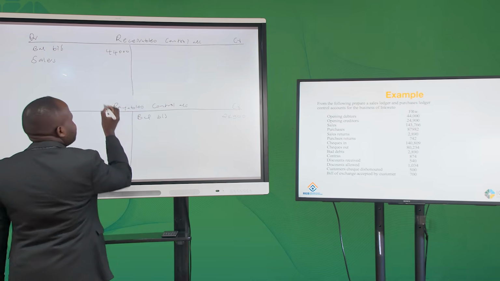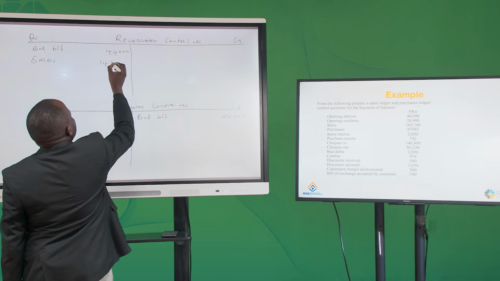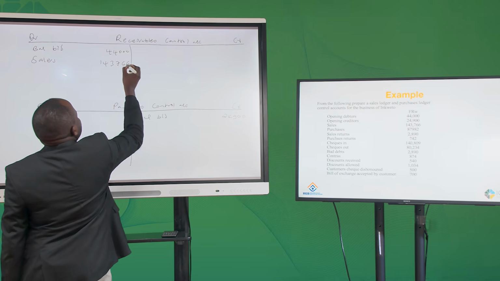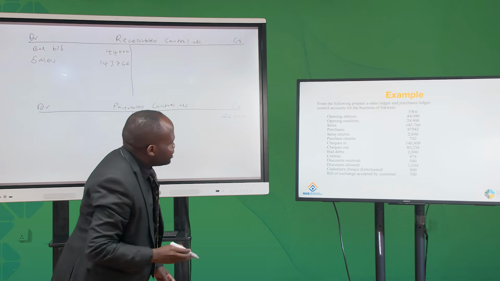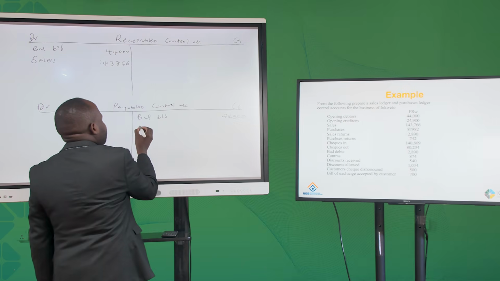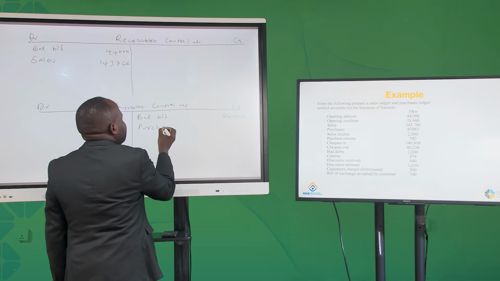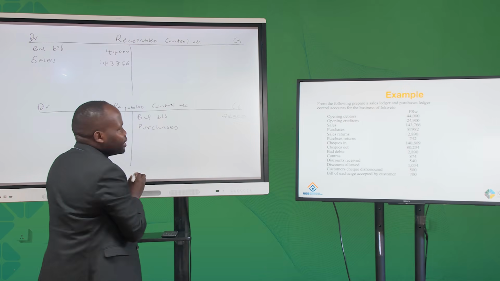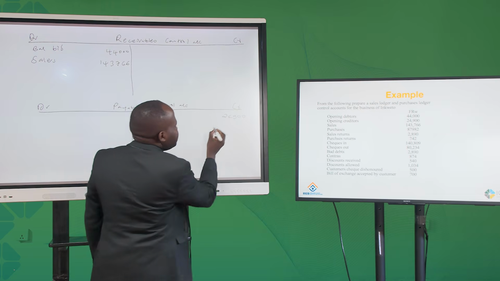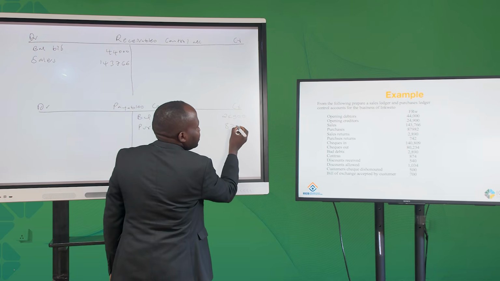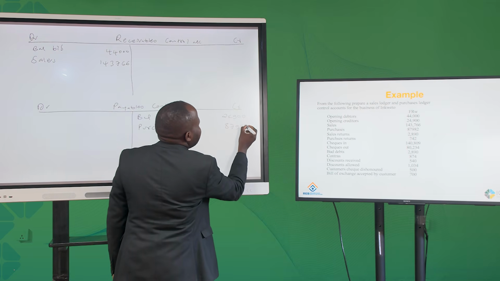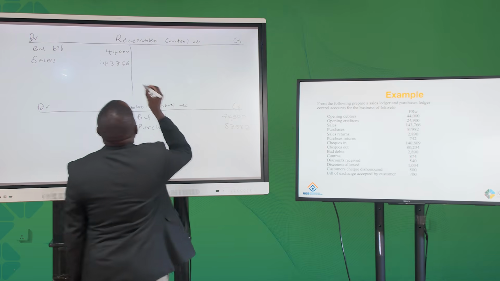So 143,766. Next is purchases, based on the assumption they are all on credit. Purchases is 87,982.